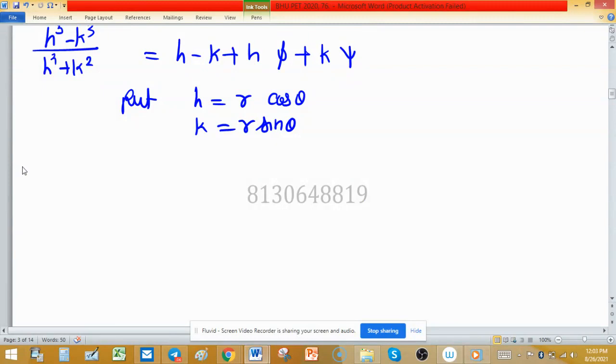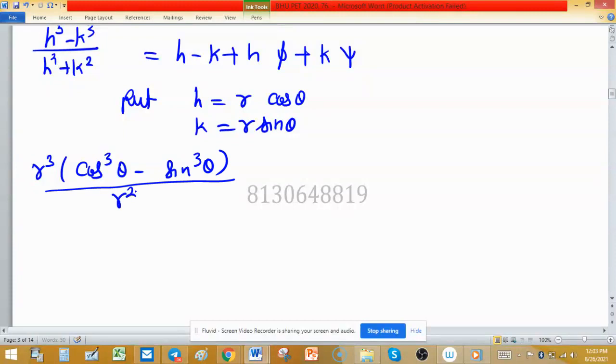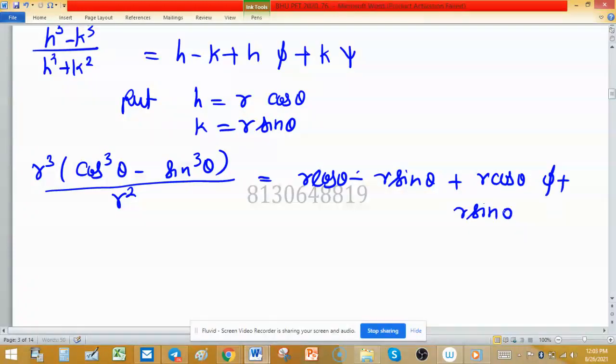So it will be r cube times (cos cube theta minus sin cube theta) divided by r square, equal to r cos theta minus r sin theta plus r cos theta phi plus r sin theta psi.